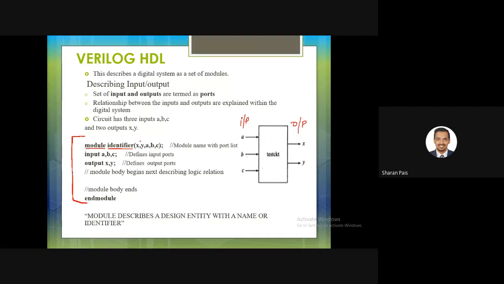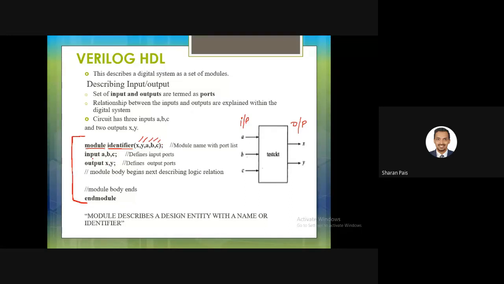Then we list down the ports, input and output. X and Y are outputs, A, B, C are inputs. These are called ports, input port and output port. Then a semicolon.